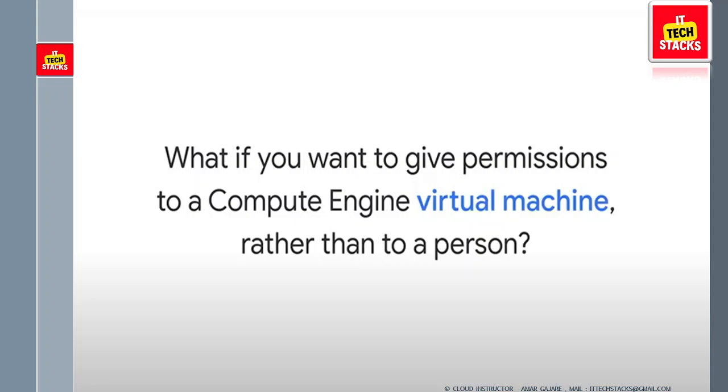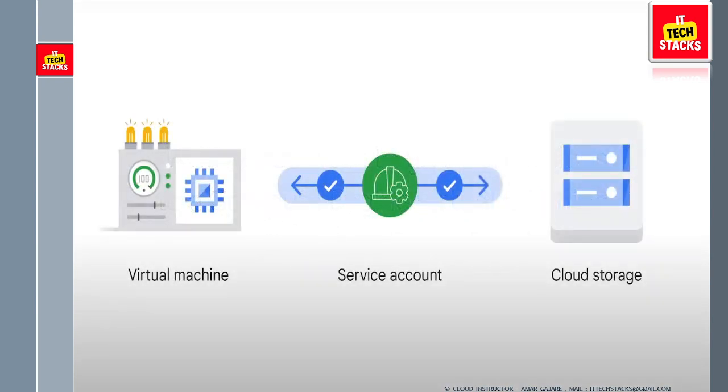What if I want to run a virtual machine? What access can the virtual machine have? What operations can that machine perform? For that, we can give access through a service key or service account.